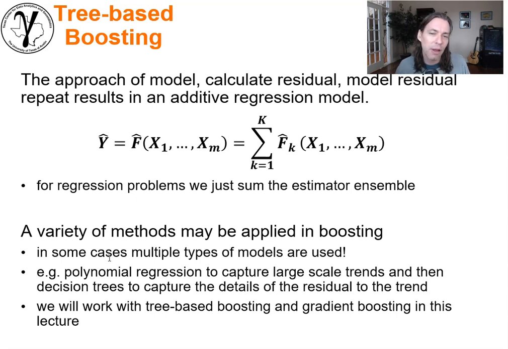And so if you think about it, that would be a very hierarchical model where we're capturing different scales with different models, and it's all additive. So this does have a nice analogy to everything we talked about before about trend modeling and residuals.